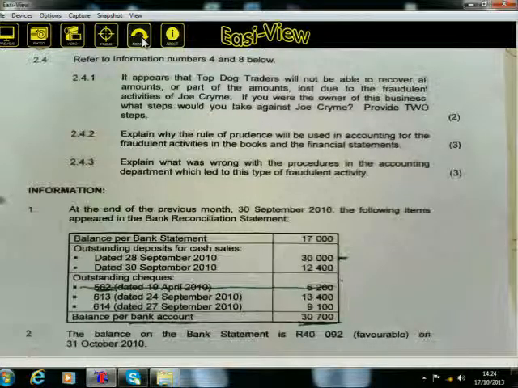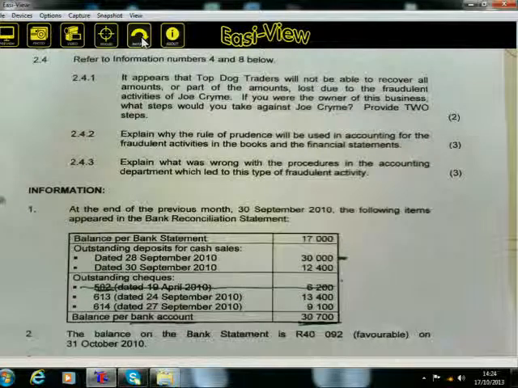I want to bring a bit of business studies into the picture now. If the person is not going to pay you, or you are aware that you cannot recover all the amounts, here this has been proven. This guy owes us, or he has defrauded the business. In some activities in other question papers, you'll be asked, you suspect.